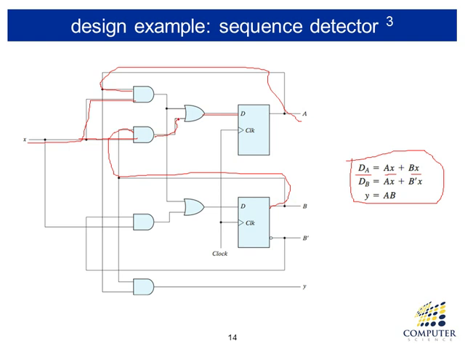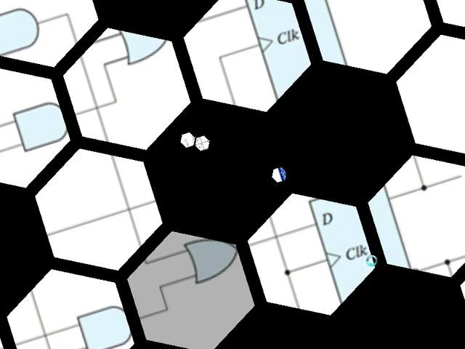They are all together. So from this equation, you should be able to draw the logic diagram. This is for B, and this is for Y. So D flip-flop systems are designed this way.